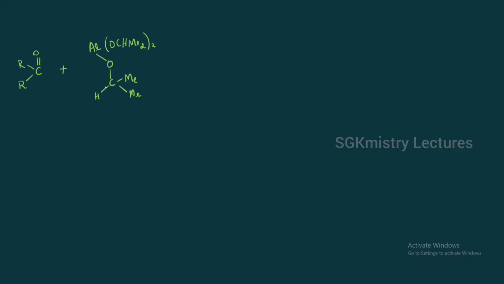Now this oxygen, along with the electron pair, comes and attacks this carbonyl carbon. Now the electrons from the double bond will attack the aluminium, so the bond shifts here, because of which you're going to get R, here R'.